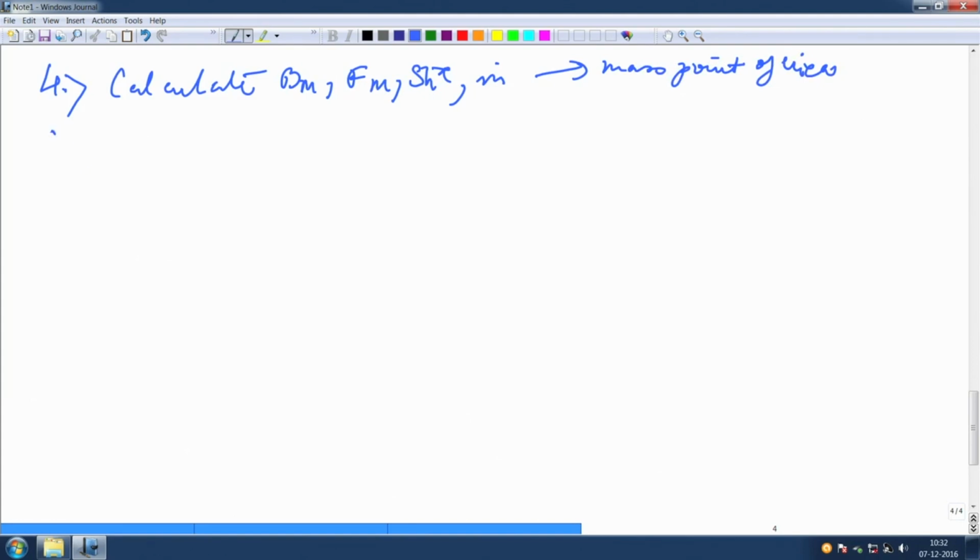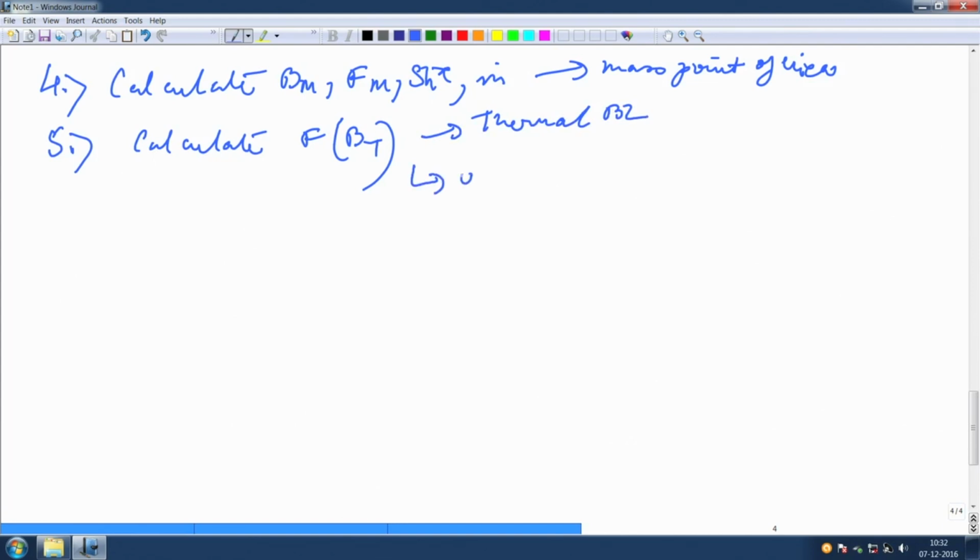Then in step 5 you calculate FBT, that means the correction factor with respect to Bt, which is the thermal boundary layer equivalent, using Bt old from the previous time step. You are discretizing it in terms of time. So, whatever the Bt value was at the previous time step, you use this to estimate what this F factor will be.